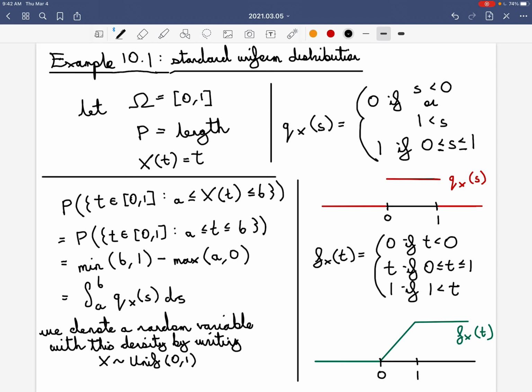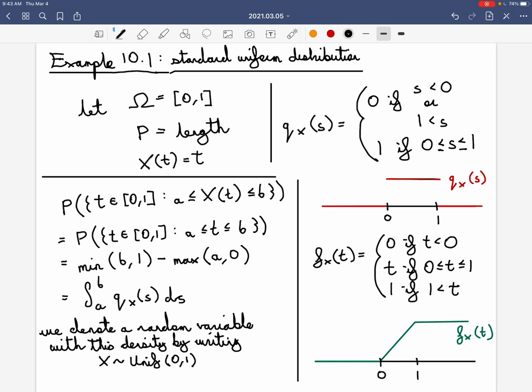because I've seen that the probability that the random variable is between A and B is the probability that t is between A and B. And so I'm looking at the length of the set of numbers which lie both in the interval 0, 1 and the interval AB.